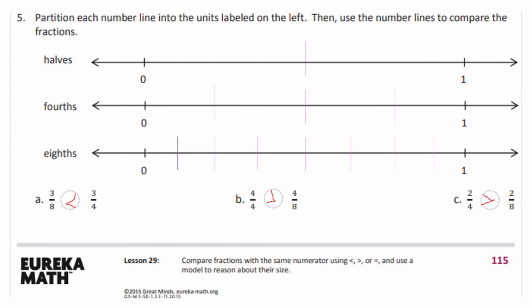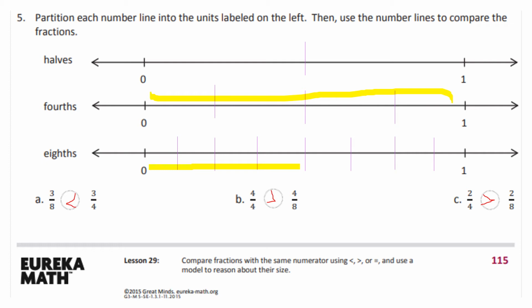So as you can see, here was my 3/4. Over here for B, 4/4 is greater than 4/8. And if I were to highlight that for you to see it, you have 4/4, which is the whole thing, and 4/8, which is half. I'm going to do this next one in green so you can see it.